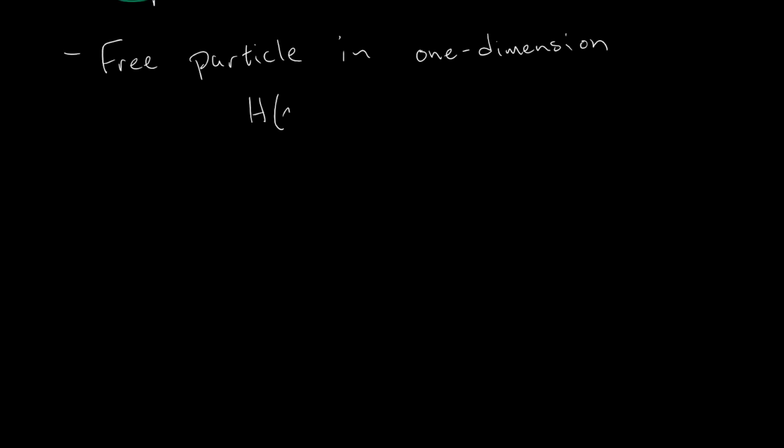So just consider a free particle in one dimension. In this case, there's going to be no potential energy because it's just a free particle, so it's just going to be moving along unimpeded, in which case the Hamiltonian is just p squared over 2m.